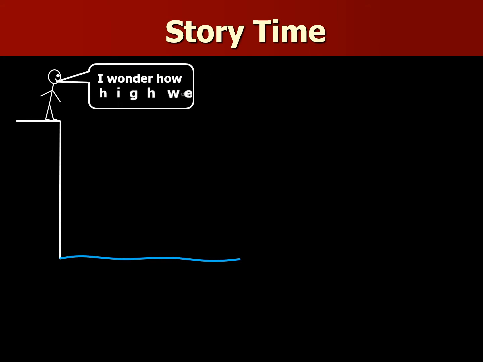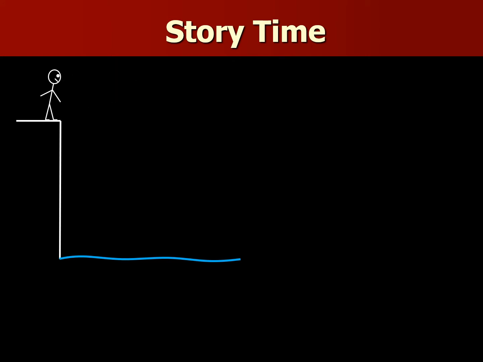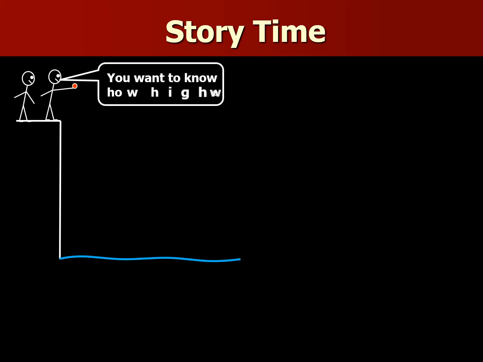He's not really interested in the food, but he looks around for potential friends, and he sees this one girl who goes over to a cliff, which is a little bit high up, and she asks, I wonder how high we are. Well, he knows a little bit about physics, and he thinks he can answer that, but somebody interrupts him and says, you want to know how high we are? I'll tell you how high we are.